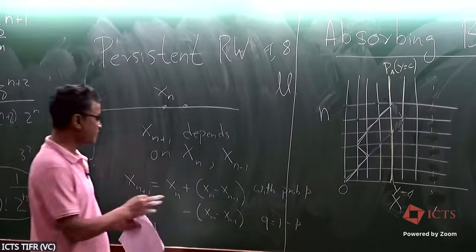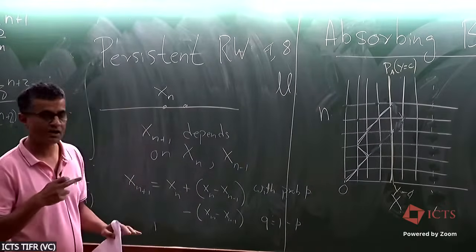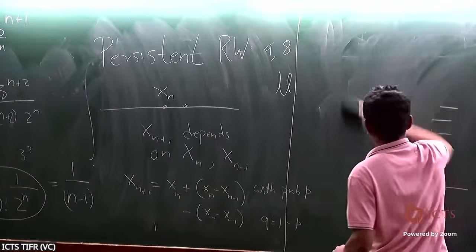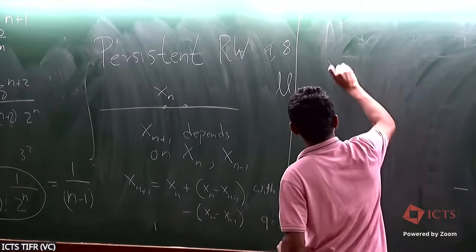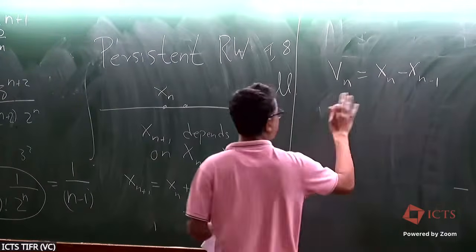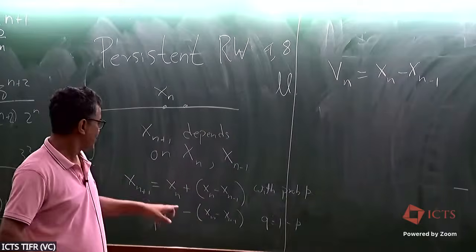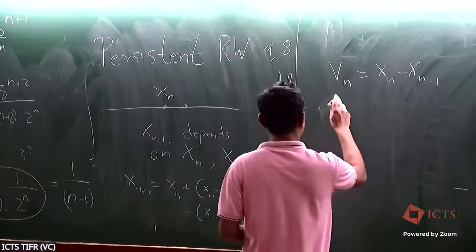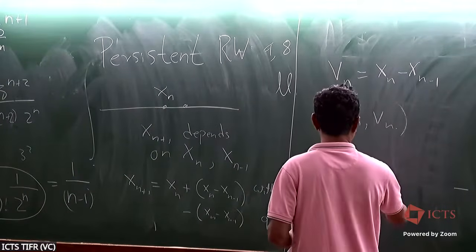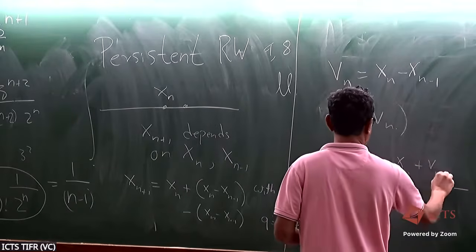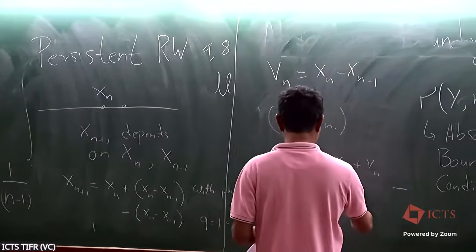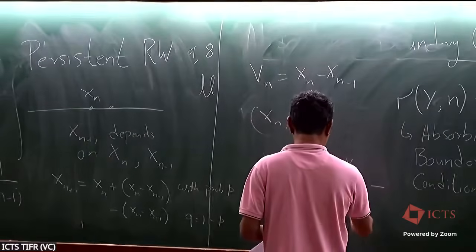If you define a kind of velocity variable V_n, which can only take values plus 1 and minus 1, then we can write an equation for x_n and V_n together, and it's a Markov process. So x_{n+1} is x_n plus V_n, and V_{n+1} is determined by the previous step, x_{n+1} minus x_n.